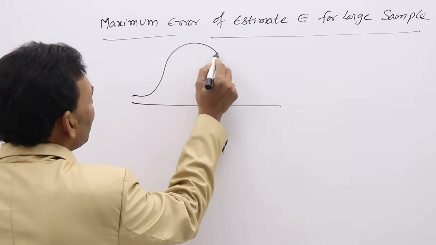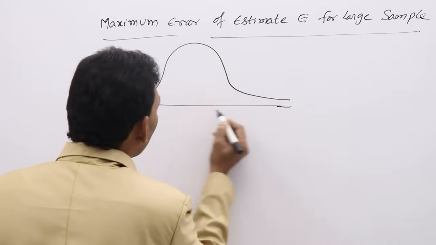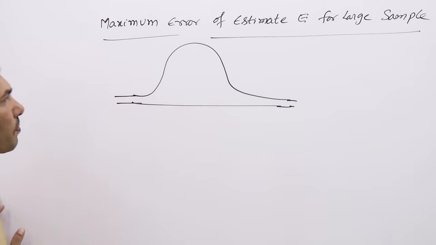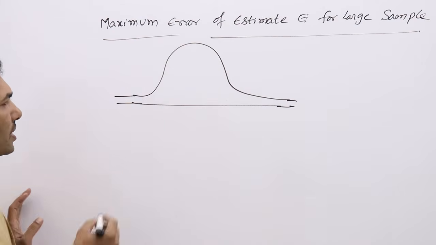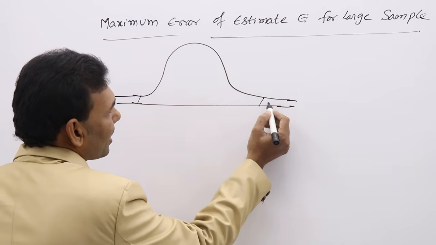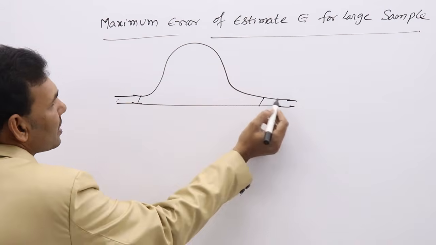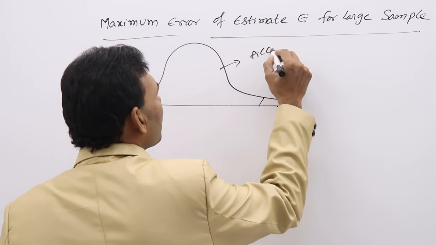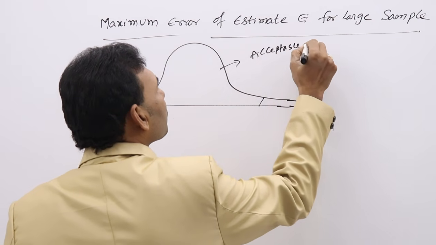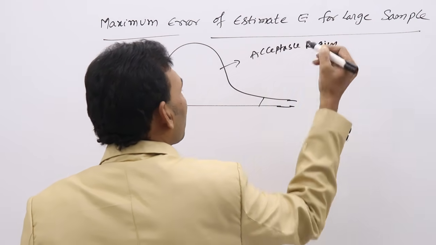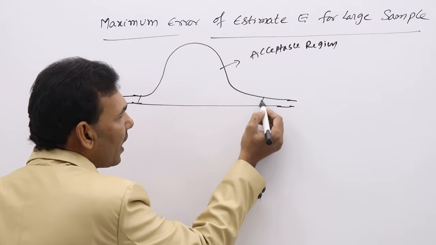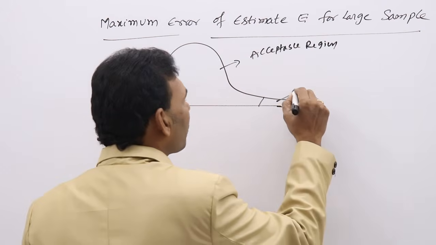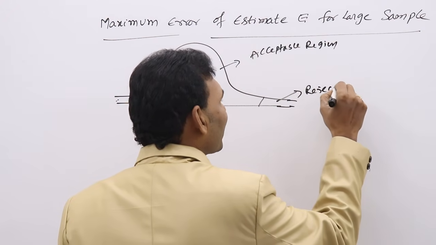Normal curve, you know this. This is a bell-shaped curve, which never enters the x-axis. In this, we call this region the rejection region. This is the rejection region. We call this one the acceptable region. We also call this value a critical value, which separates the acceptable region and the rejection region.